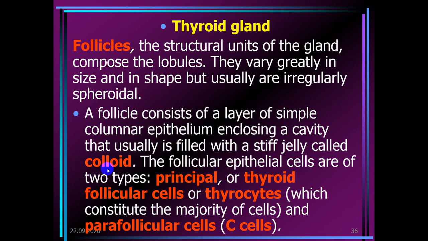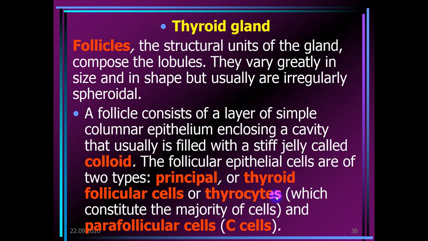The epithelial cells in the wall of the follicle may be of two types: principal or thyroid follicular cells. Historically, these cuboidal follicular cells have the name thyrocytes.